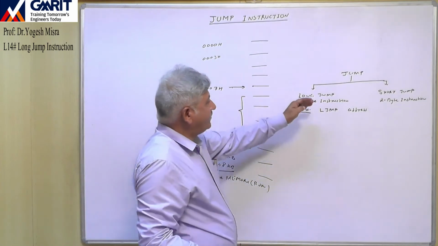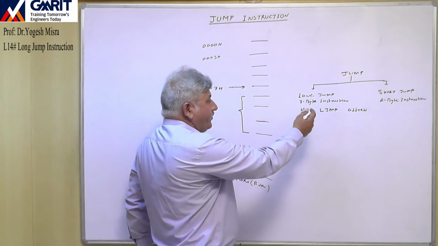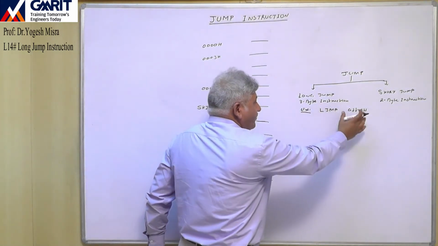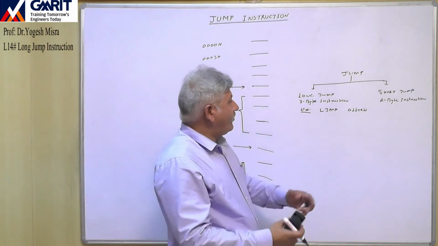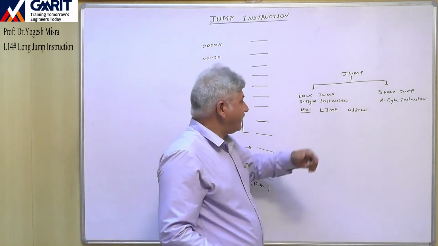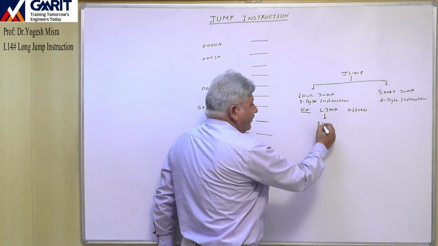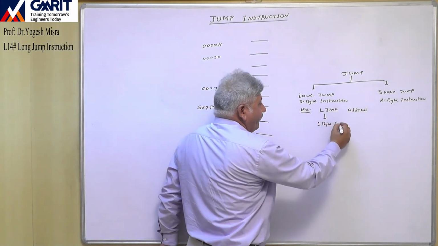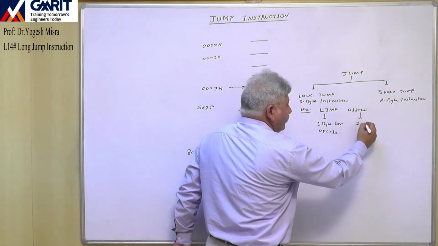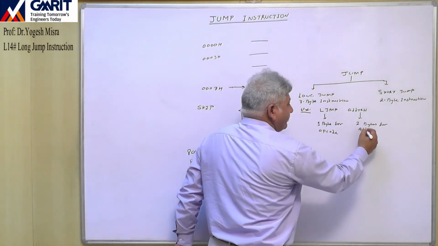First we will discuss just long jump. Here 2 bytes are reserved for the address and 1 byte for the opcode of LJMP.